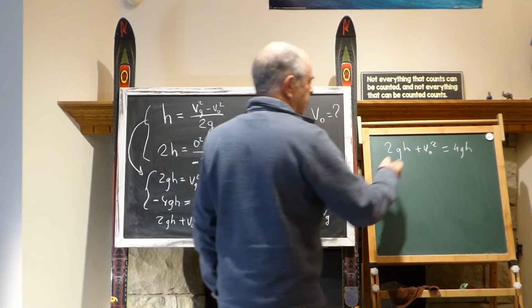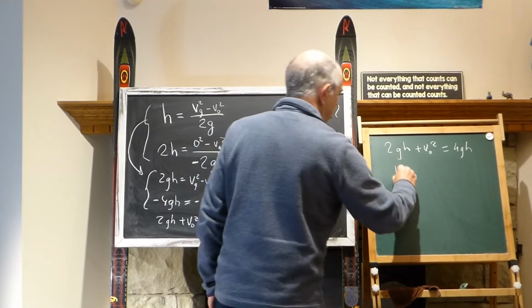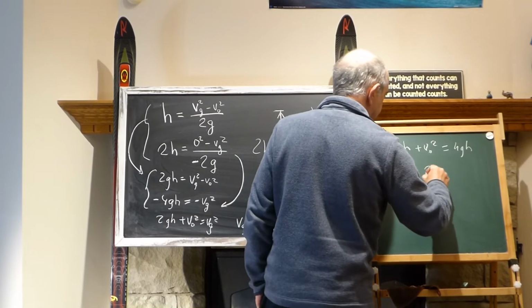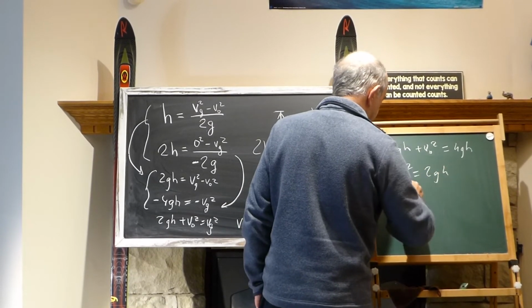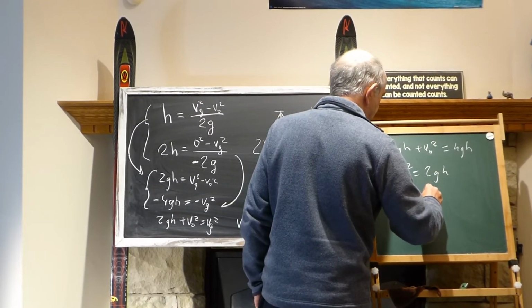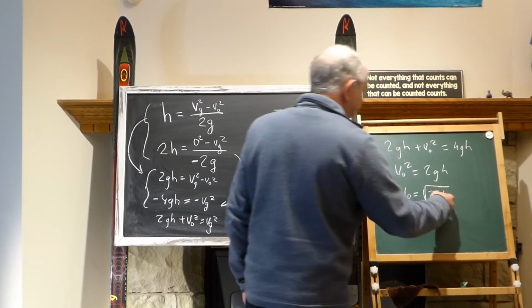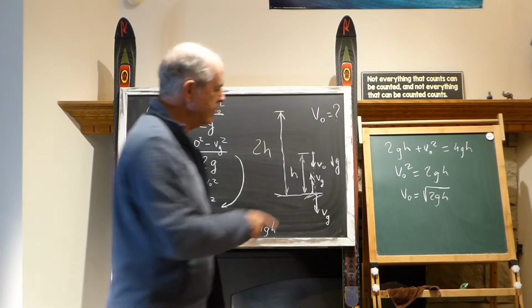And they're asking us about v0, so let's isolate it. v0 squared equals 2gh, and v0 equals the square root of 2gh. So yeah, h of course is given.